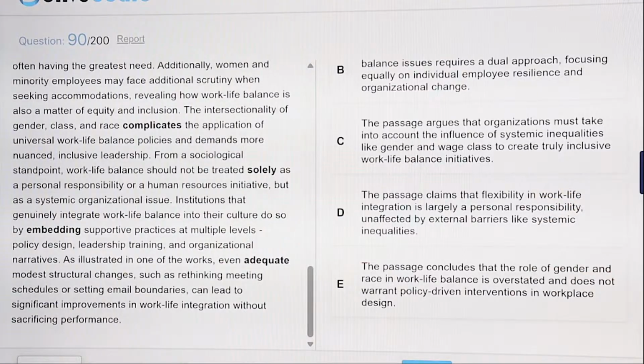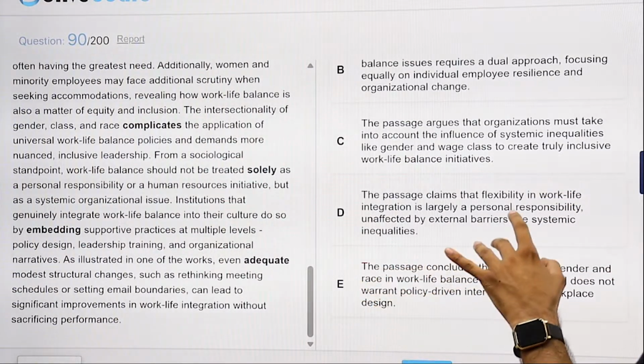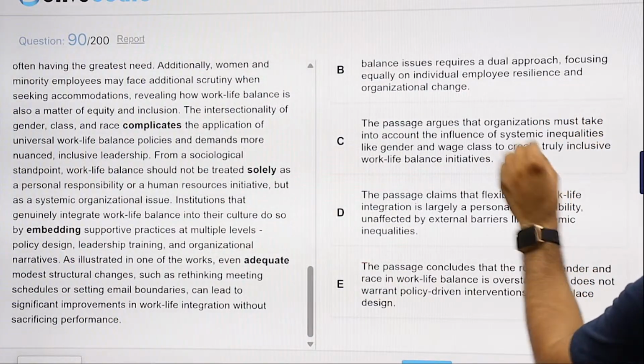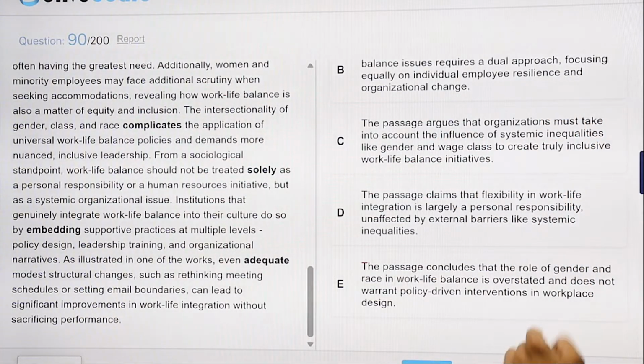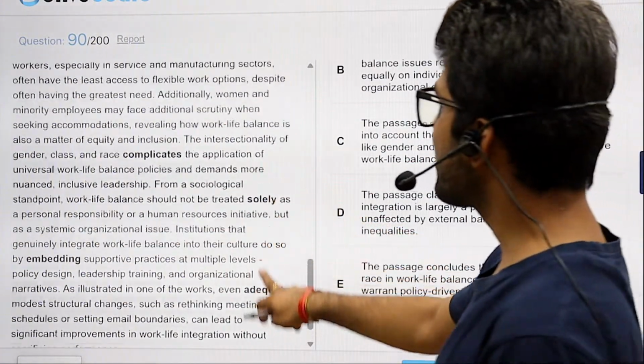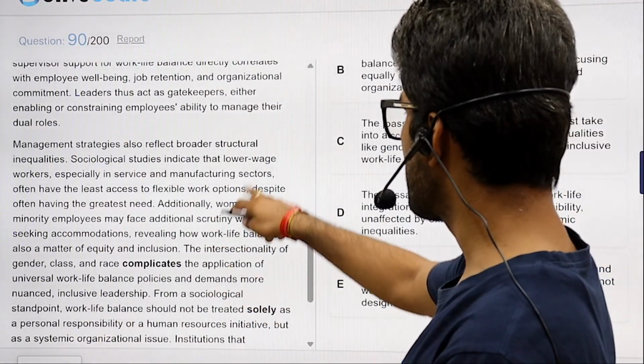The passage argues that organizations must take into account the influence of systemic inequalities, not for a single person, like gender. Wage, obviously, they have talked about wage also.